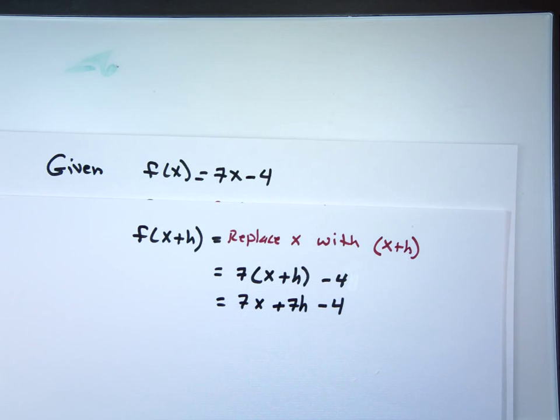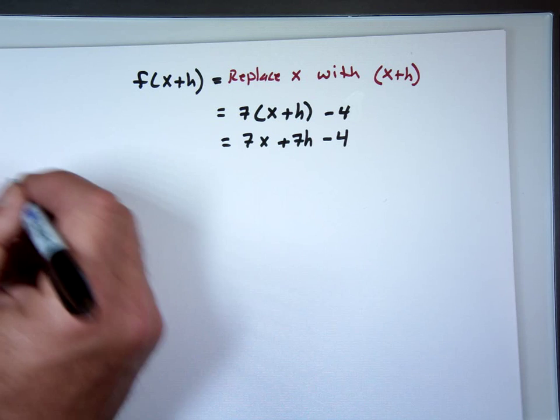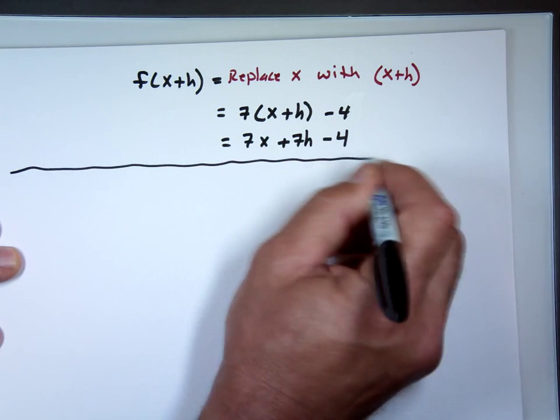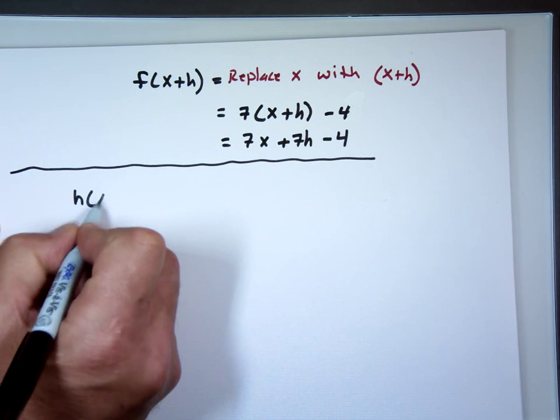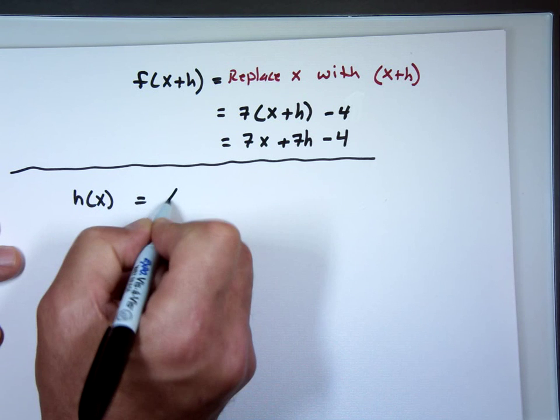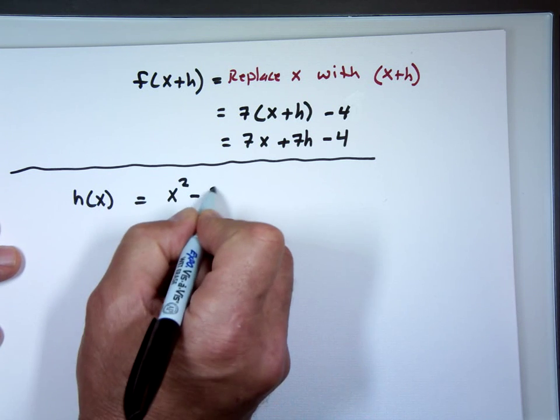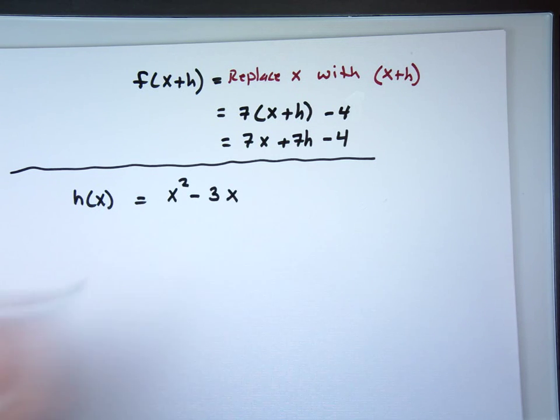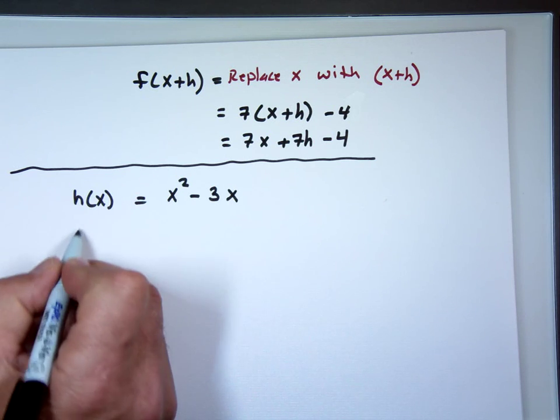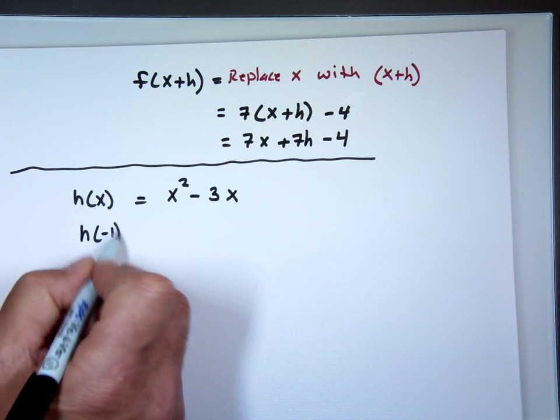Let's try a different function. It doesn't have to be f. Could be g, could be h. There we go. h of x equals x squared minus 3x. What is h of negative 1? Again, what are we supposed to do when you see that?